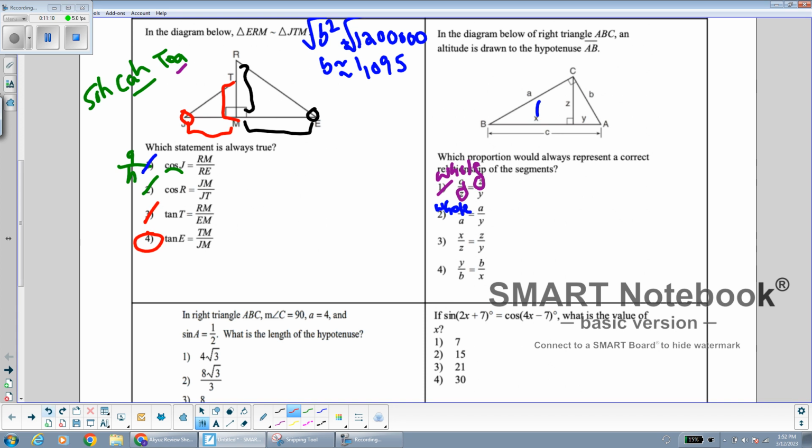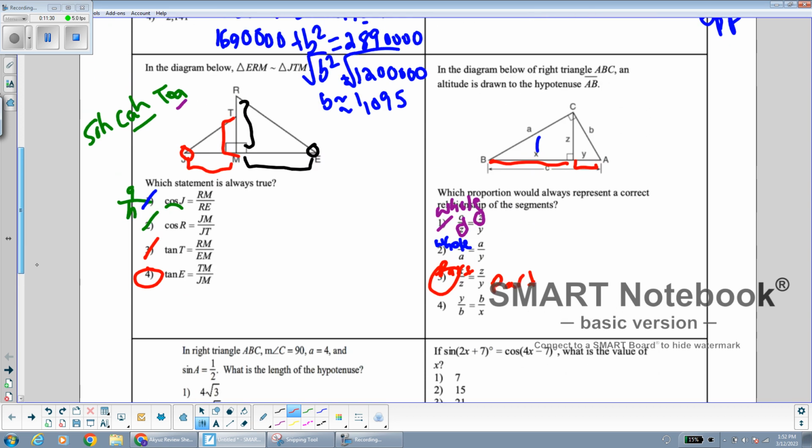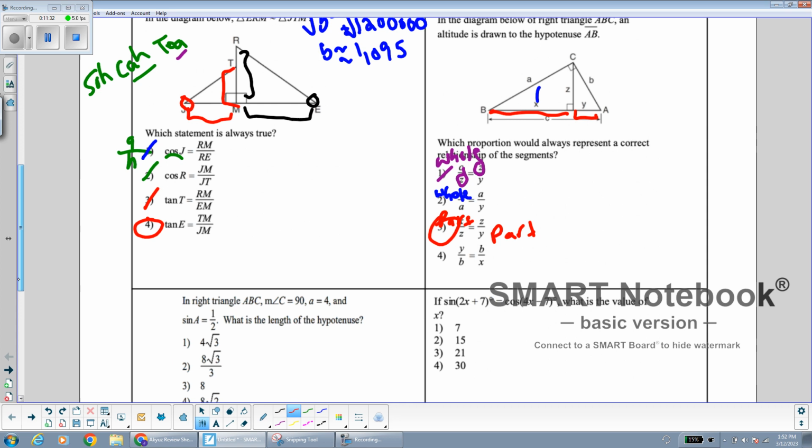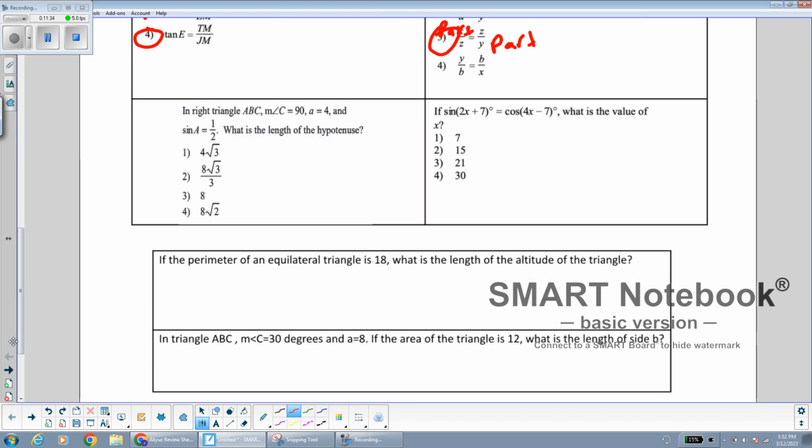Altitude rule says that the altitude is the mean proportional between each part of the hypotenuse. So this is a part of the hypotenuse, and the other part is here. And let's just check that z is the altitude. It is. That is correct. 3 is the correct one here. It's the only one that's correctly set up, either the leg or the altitude rule.